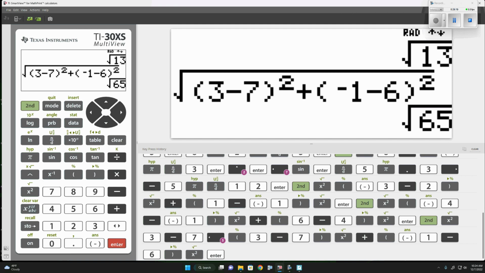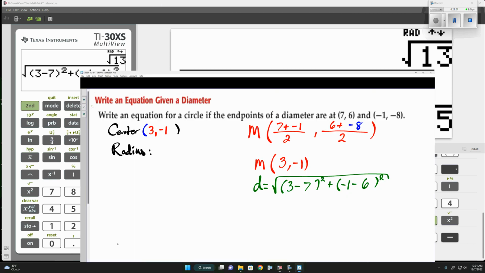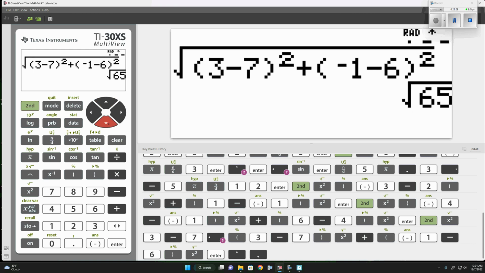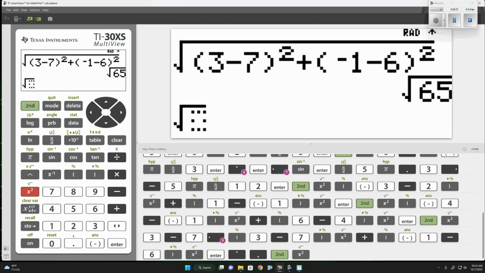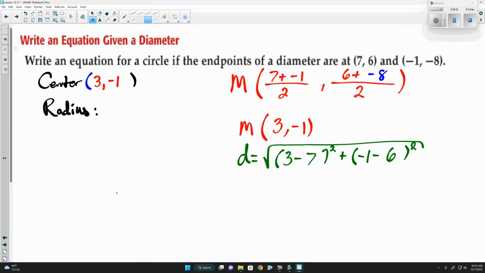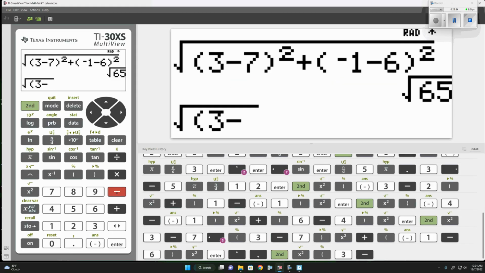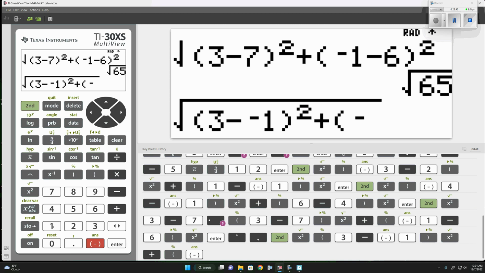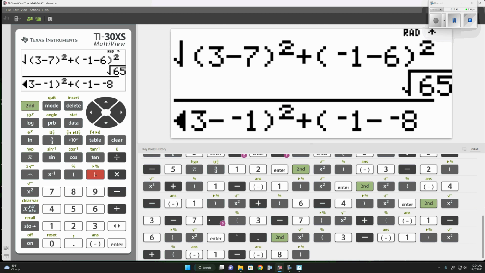So we'd get the square root of 65. So, guys, now the other one, as we could say 3 minus -1 squared plus -1 minus -8 squared.